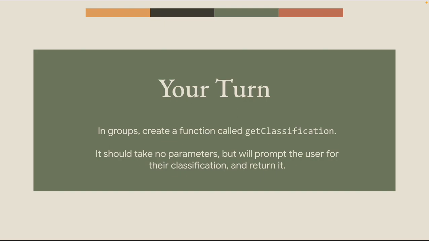There's no parameter. Exactly. Oh, prompt the user for the classification. Wait, so you're able to do a function with no parameters? Yeah, it's outside of main. Length is a function with no parameters.